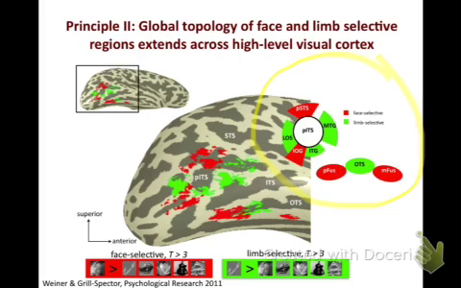Interestingly, this global topology of face and limb selectivity is not restricted just to the arrangement of faces and body parts, but it also extends to other functional areas. So you might notice that here in the ITS, there is a region that seems to be devoid of functional activation, and you might wonder why this is happening. What I'd like to point out is that it's devoid of face and limb selective activation, but it's not really devoid of activation.